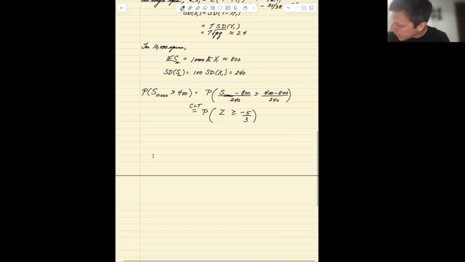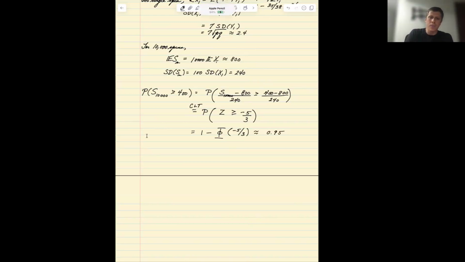This is equal to 1 minus Phi, the CDF of the normal 0, 1, at minus 5/3, which is approximately 95%. So the casino has about a 95% chance of being up more than half of its expectation after 10,000 spins.